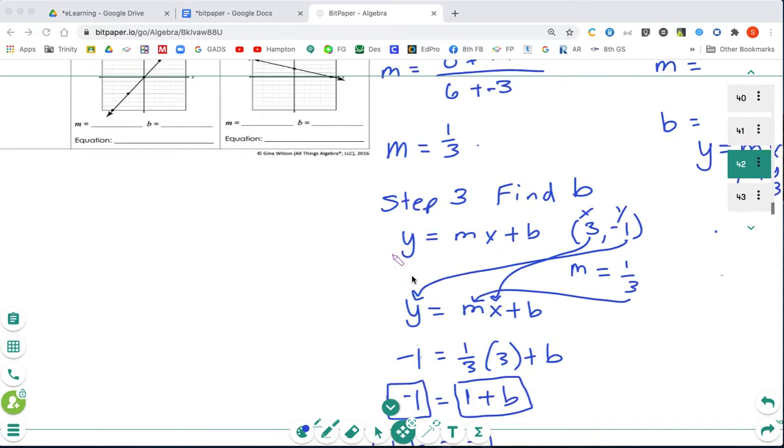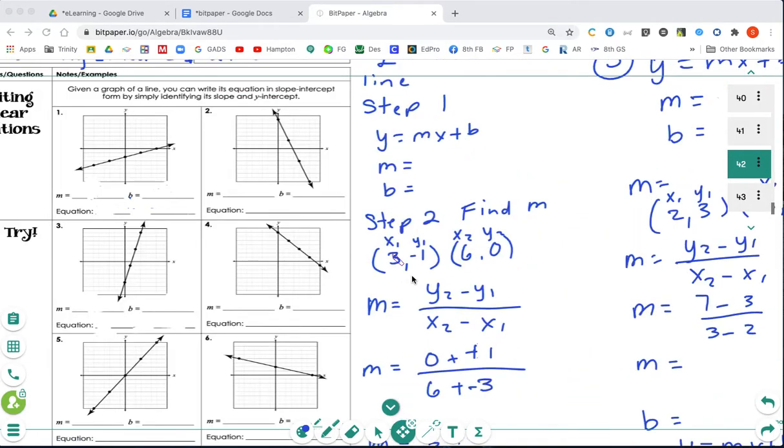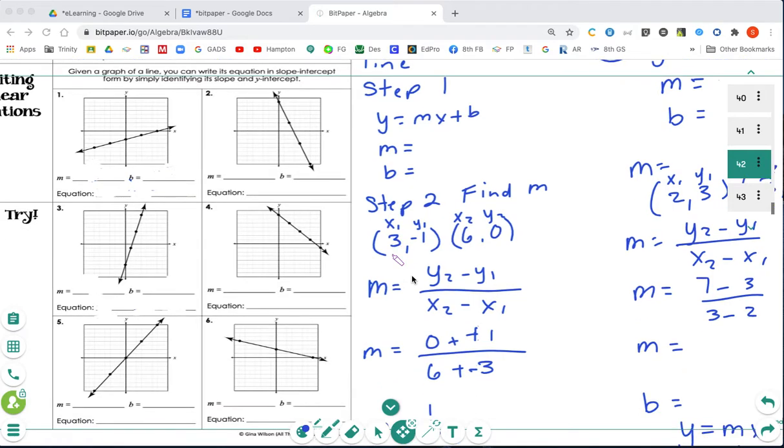So now I can go back up to my formula, fill in what I know. So m is going to be 1/3, and b is going to be -2. Underneath my graph, I'm going to write m is 1/3 and b is -2.